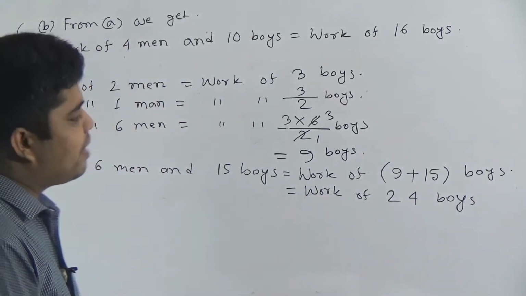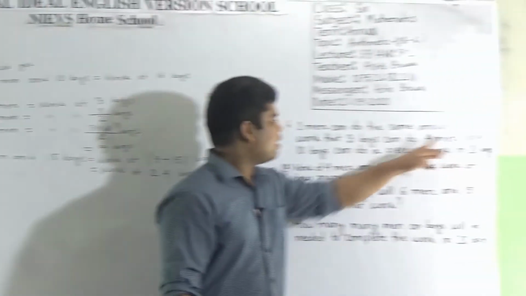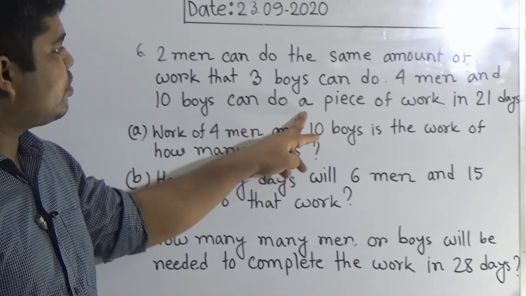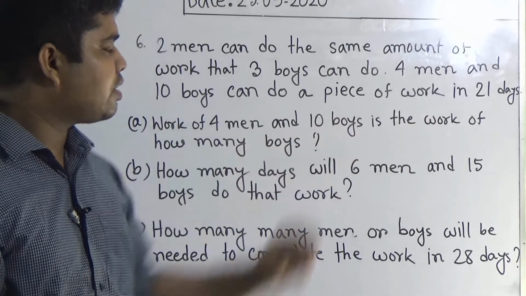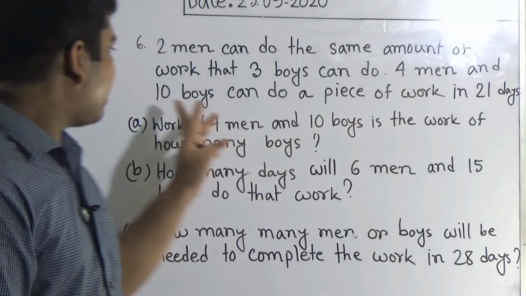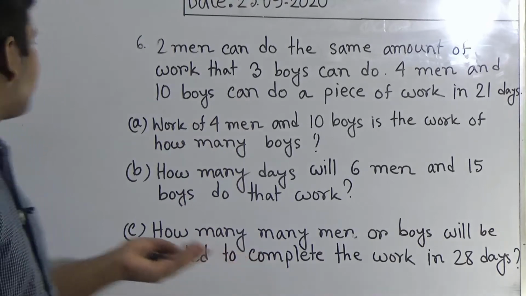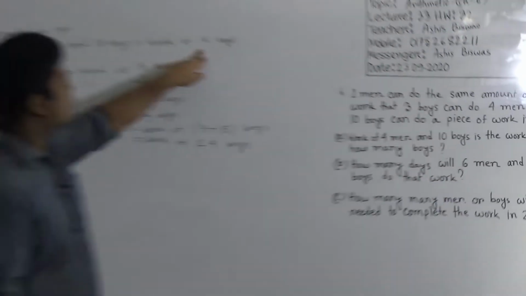Okay, my dear students, now you notice 4 men and 10 boys can do a piece of work in 21 days, but we have already converted this 4 men and 10 boys work into the work of boys. So that will be 16 boys.